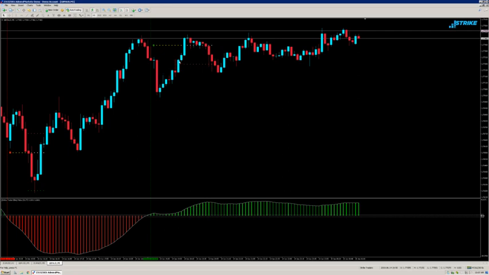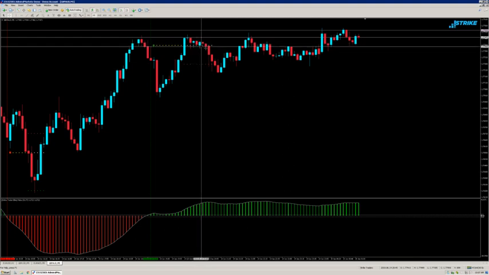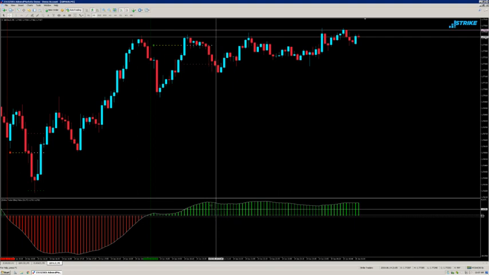So, as the move fades, like here, you start to see the upper move is slowing a bit. And eventually, when that gets too much, you start to see a drop here as well. So the reading goes down and the bars go darker.